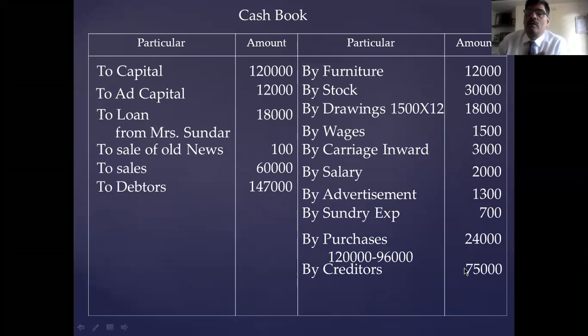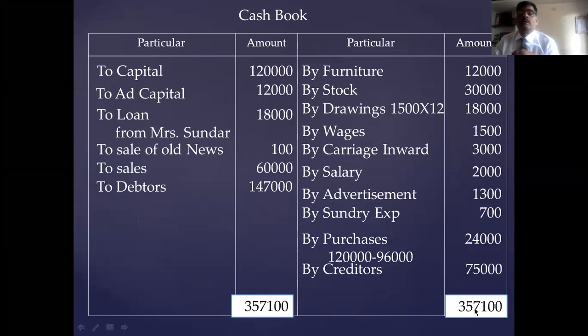Entry completed. Now I close the cash book. Cash book total is 3,57,100. Then balance you take, the balance is 1,89,600, by balance carried down.